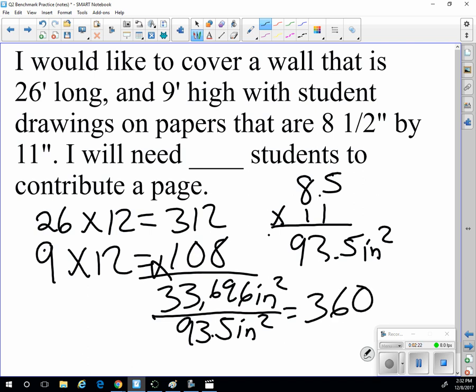Now, just to do a sanity check, 93 is fairly close to 100, so it'd be about moving the decimal 2 places. The decimal's over here, 1, 2, so 336, so close, good.